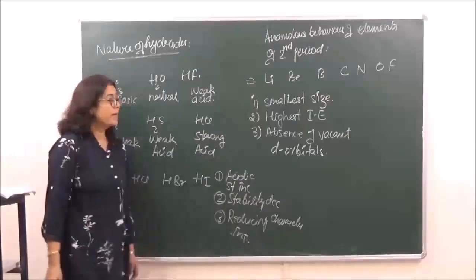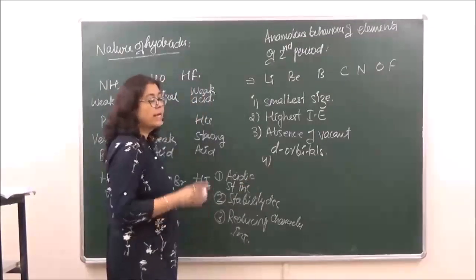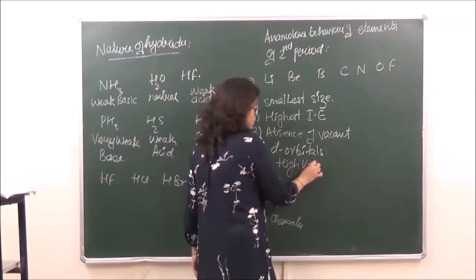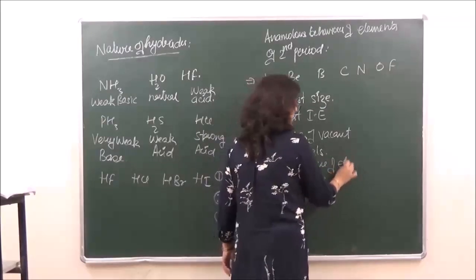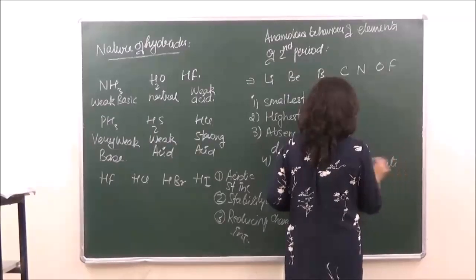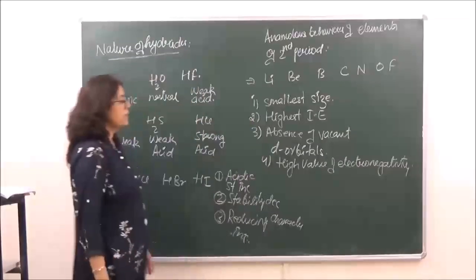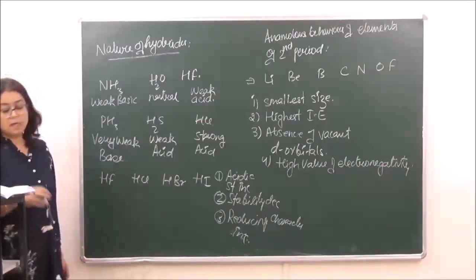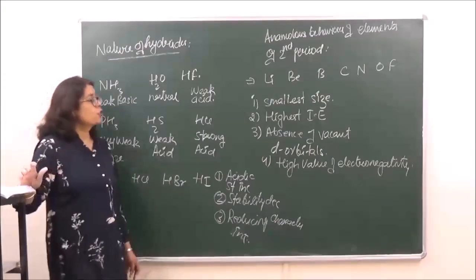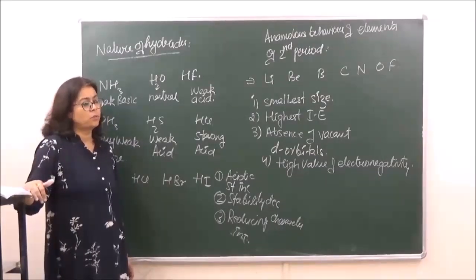Absence of vacant d orbitals, and also high value of electronegativity. So these are the four reasons because of which the elements of the second period show anomalous properties with respect to the rest of the members of the group.